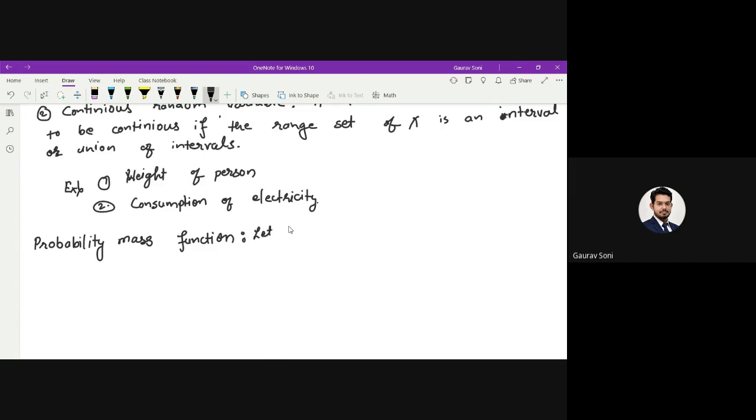Let x be a discrete random variable defined on a sample space sigma.